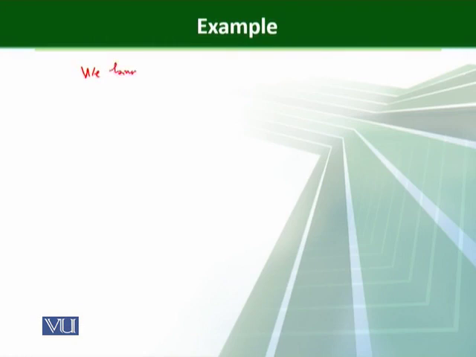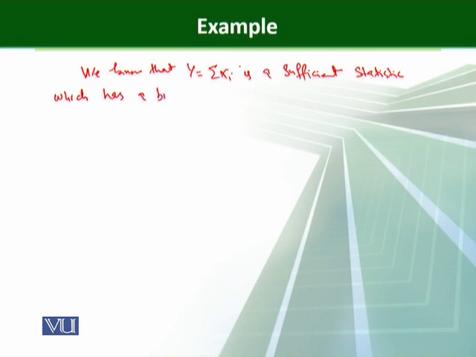As we know that Y, that is actually the sum of Xi, is a sufficient statistic which has a binomial distribution with parameters n and theta.